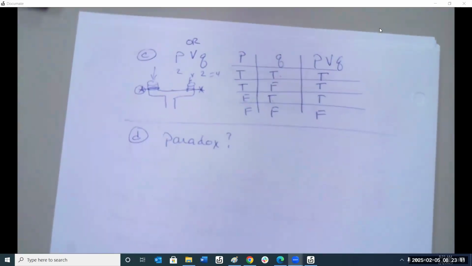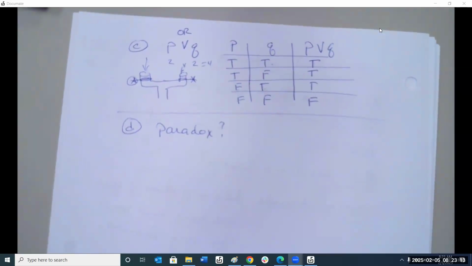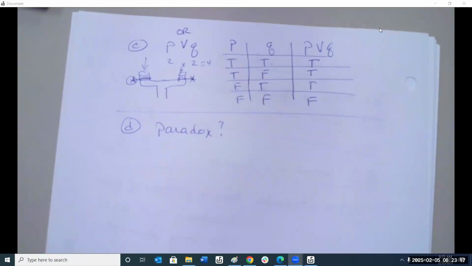What's a paradox? It's a statement that's both true and false.